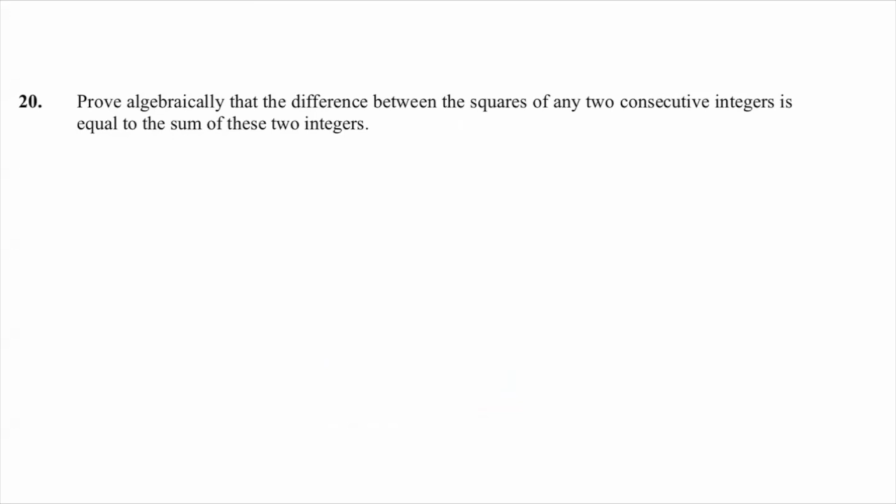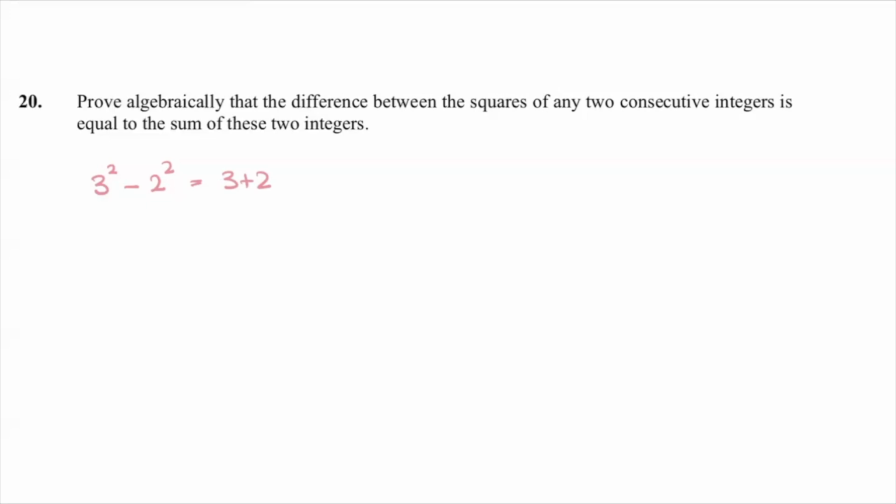So it's the difference between the squares of any two consecutive integers. So let's say we've got 3 squared minus 2 squared. These are consecutive integers. It's the difference between them, and we've squared them as well. And that's going to be equal to the sum of these two integers. So the sum of 3 and 2.